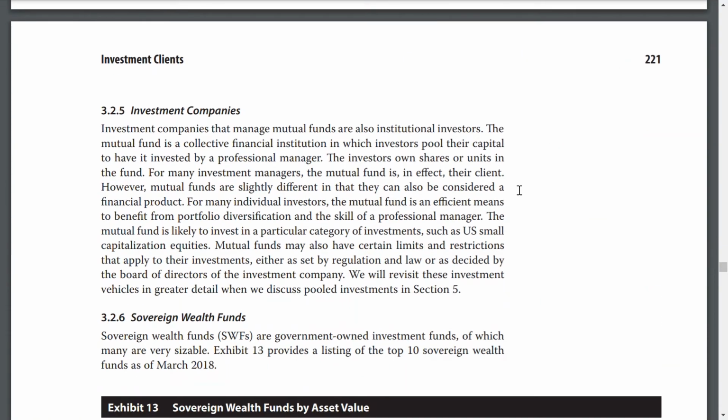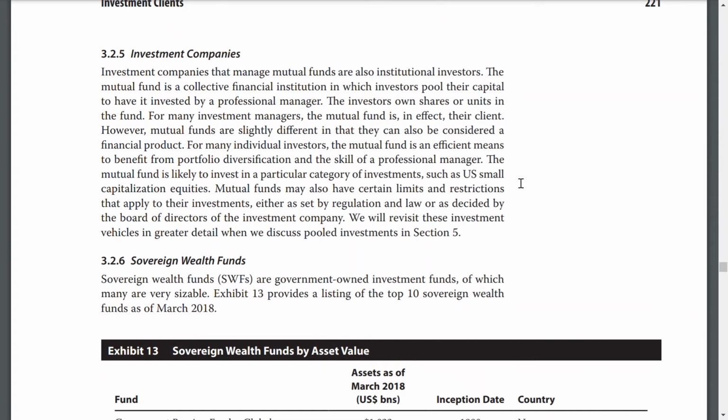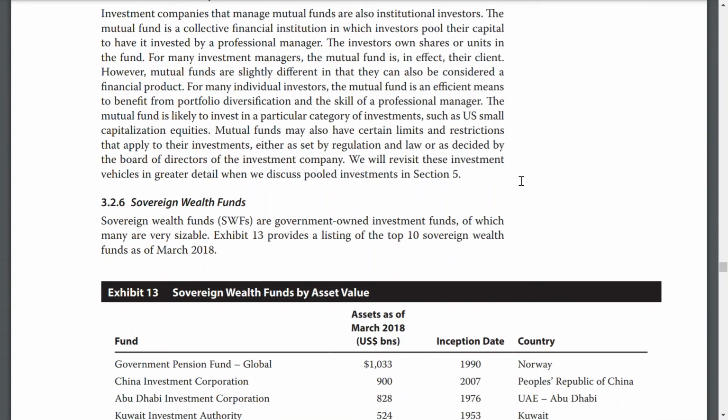Investment companies that manage mutual funds are also institutional investors. The mutual fund is a collective financial institution in which investors pool their capital to have it invested by a professional manager. The investors own shares or units in the fund. For many investment managers, the mutual fund is, in fact, their client. However, mutual funds are slightly different in that they can also be considered a financial product.